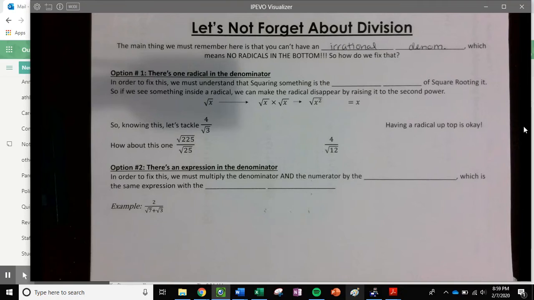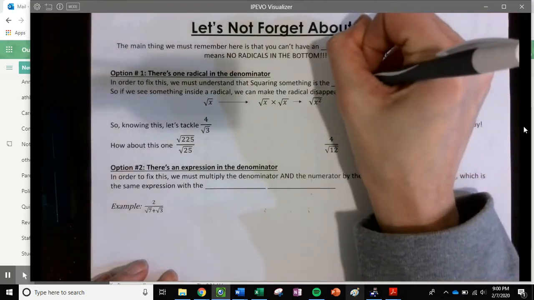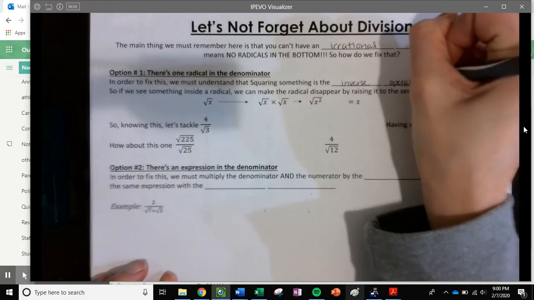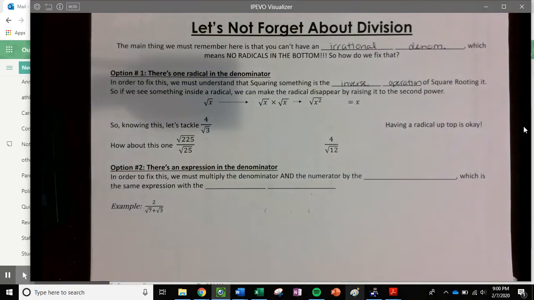So how do we fix that? There's two different ways to go about fixing this. Your first option is if there's just one radical in the denominator. I can tell you how to fix it, but I want you to understand why we fix it this way. Okay? We must understand that squaring something is, we talked about this today, the inverse operation of square rooting it.